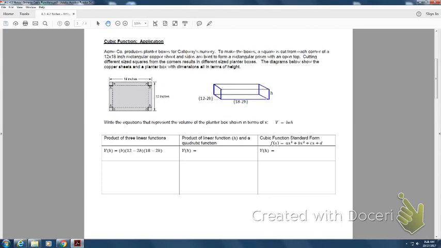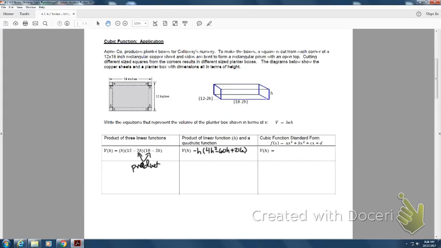Fortunately, this is going to be a little bit easier because that first factor is just h. It doesn't have anything else in it. So first thing I would do is multiply those two to find the product. And whenever I do that, I end up with 4h squared minus 60h plus 216.